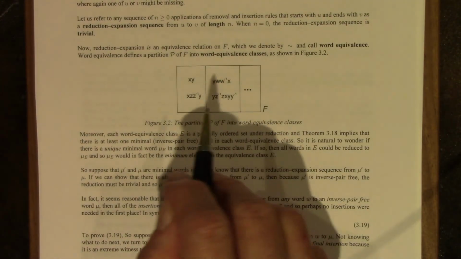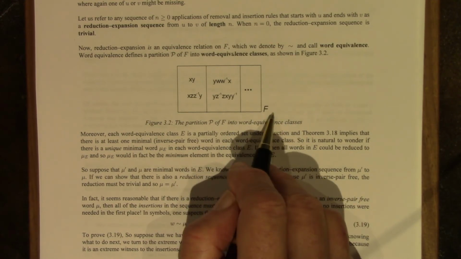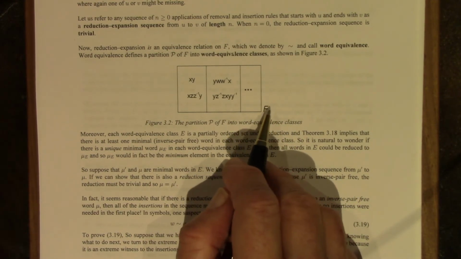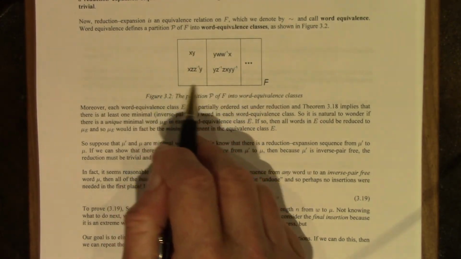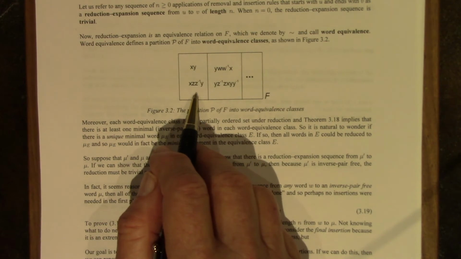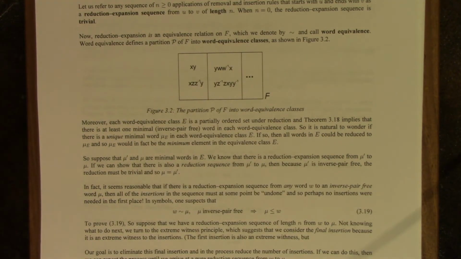Word equivalence, being an equivalence relation, defines a partition of the monoid into word equivalence classes. So all the words in a given word equivalence class are word equivalent, which means you can get from any one to any other one by a reduction expansion sequence. But you can't reach anything outside of the equivalence class using such sequences.